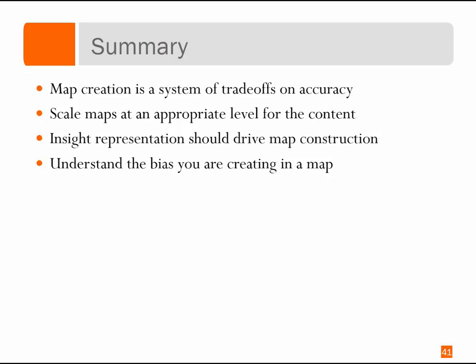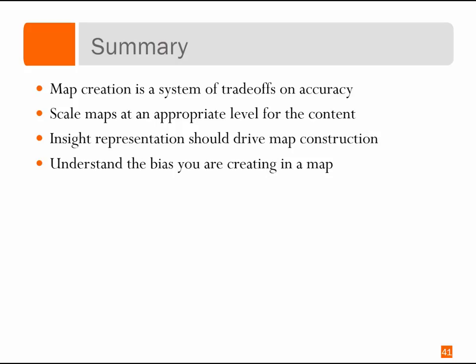So there isn't any particular map that we can create or any data visualization that's not going to have some bias in it. That bias may not be intentional, but it may in fact be there, likely will. So we have to make good design decisions on the trade-offs on accuracy.